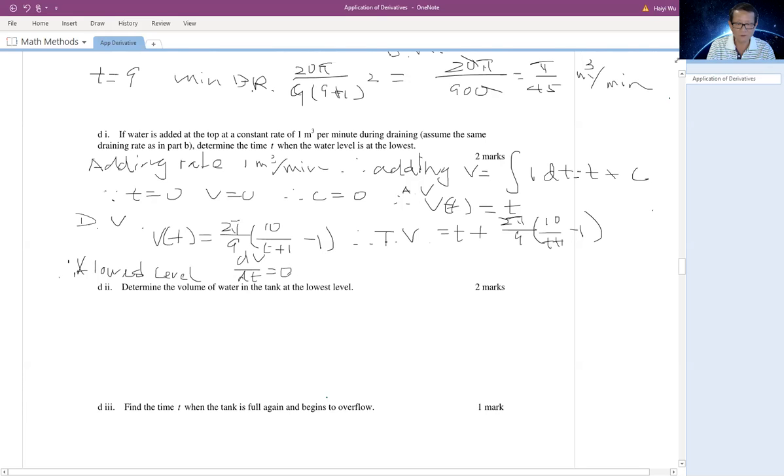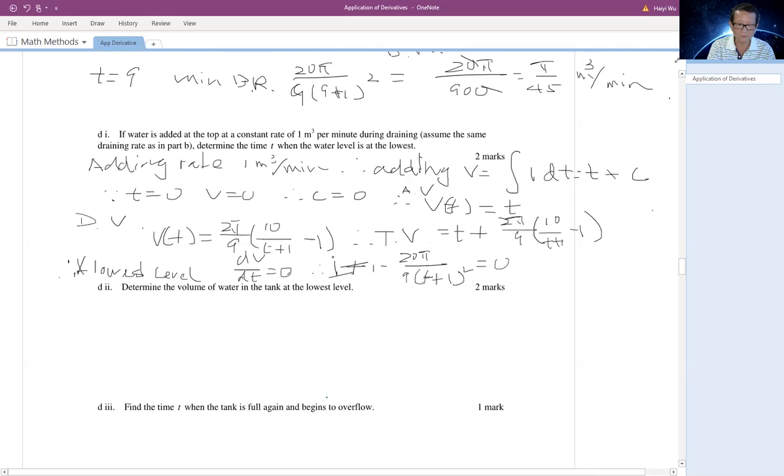So let's differentiate that. So 1, actually it's going to be minus, so 1 take away, the draining rate of change is 20 pi over 9. Remember we just did that a few minutes ago. So that has to be equal to 0.